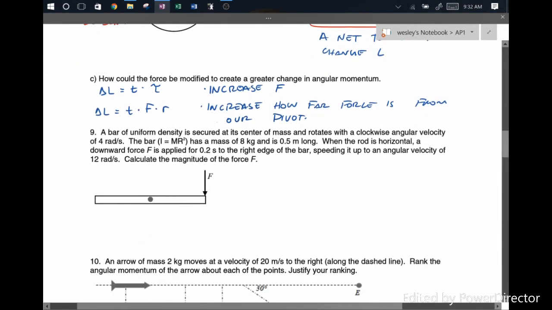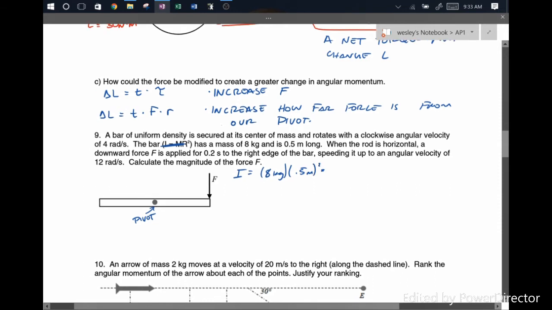All right, we have a bar. The bar is already spinning, and we're going to push down on it with this force, and I want the magnitude of the force. Before we go on, this is my pivot. That should be ml squared. So the moment of inertia of this thing is the mass, 8 kilograms times the length, 0.5 meters long, and we're going to square it.